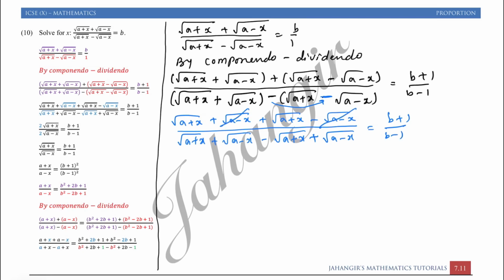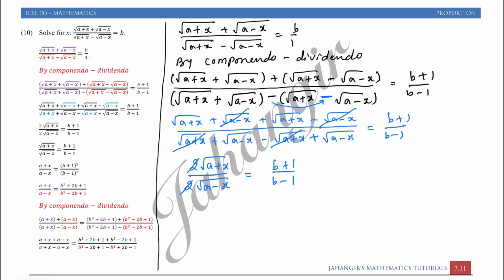These two terms will get cancelled. You can write root a plus x plus root a plus x is 2 root a plus x upon 2 root a minus x is equal to b plus 1 upon b minus 1.